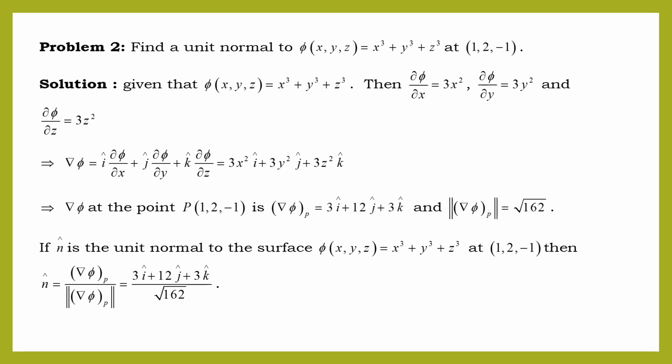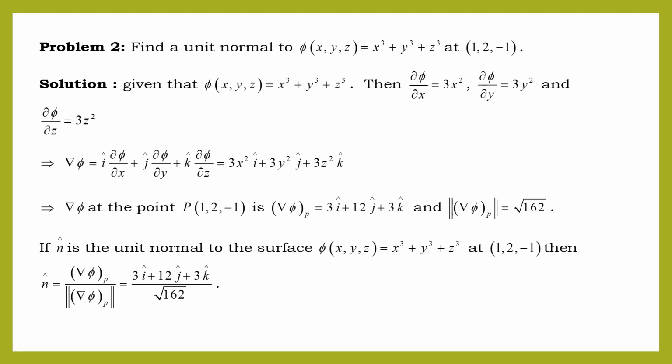First consider phi of x, y, z equals x cube plus y cube plus z cube. For this surface, if I want to find a normal, what do I need to find? Its gradient.